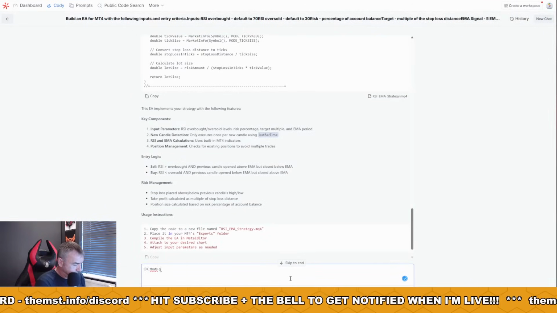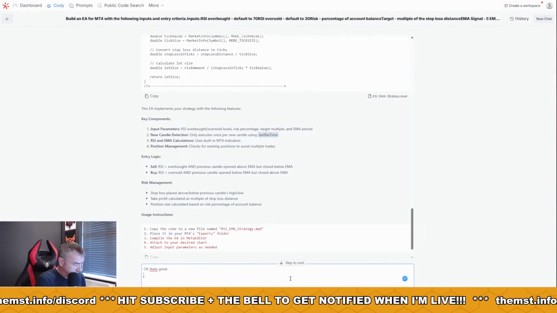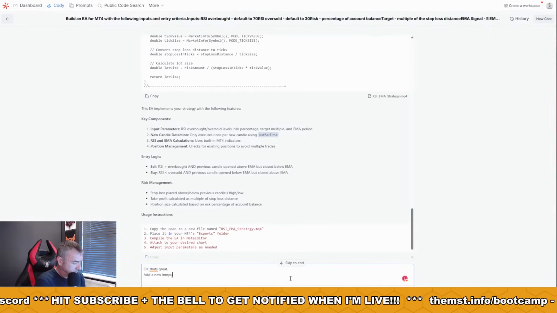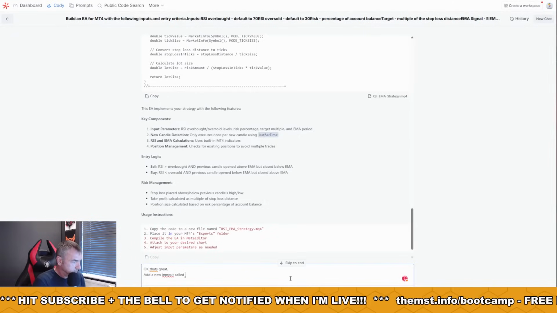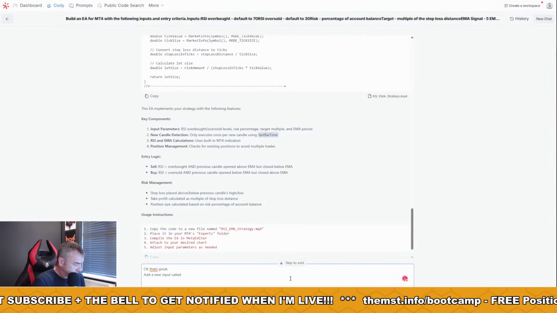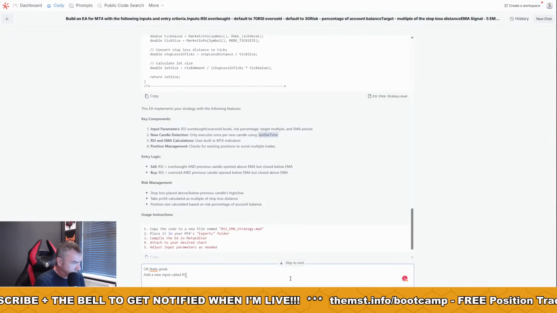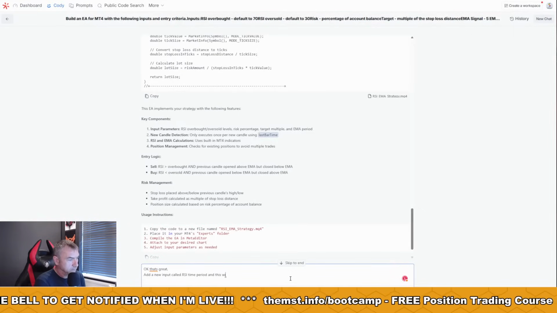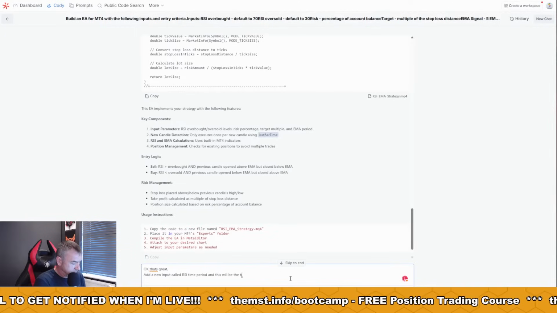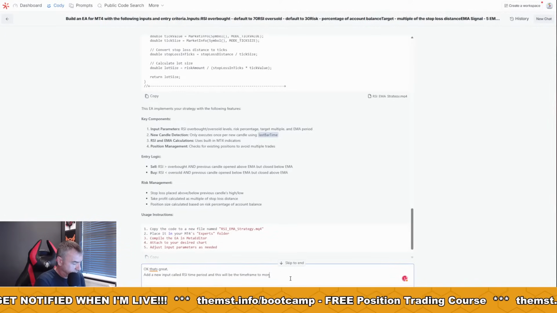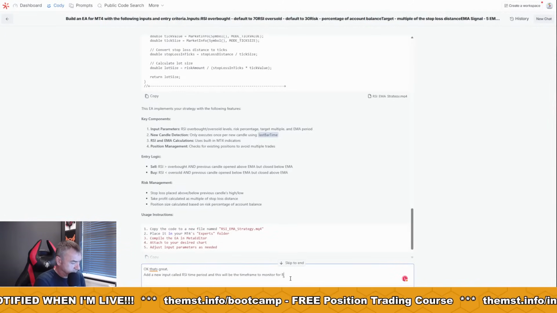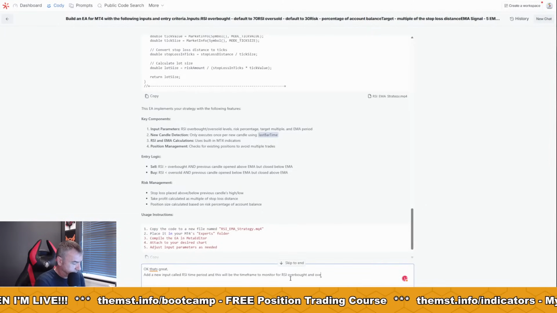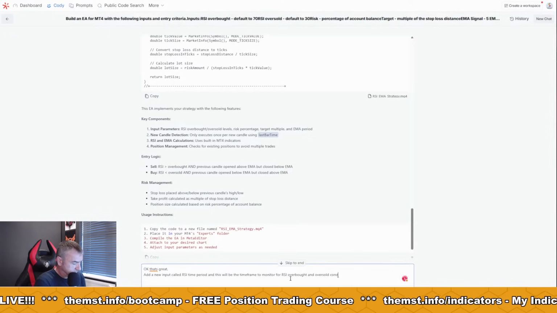Okay, that's great. Add a new input called RSI time period, and this will be the time frame to monitor for RSI overbought and oversold conditions.